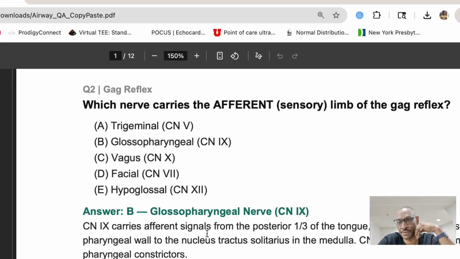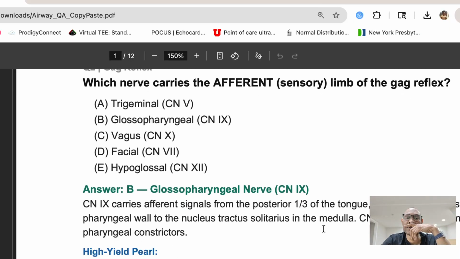You can break the tongue up into thirds: the posterior 1/3 and the anterior 2/3. I always think of the glossopharyngeal as the most posterior innervator. It covers the posterior 1/3 of the tongue, the soft palate, and the posterior laryngeal wall, to the nucleus tractus solitarius in the medulla, and then cranial nerve 10 is the efferent.